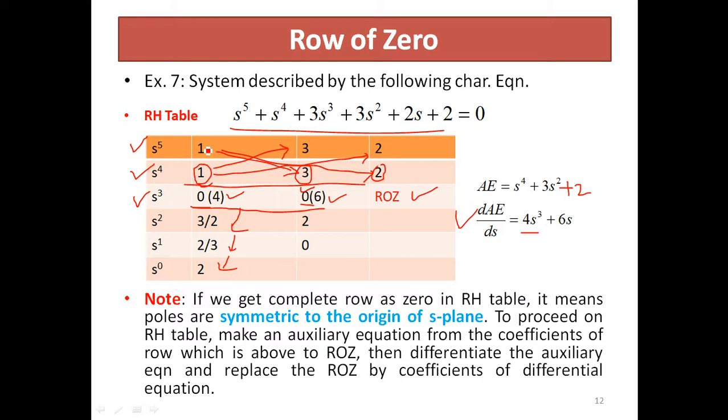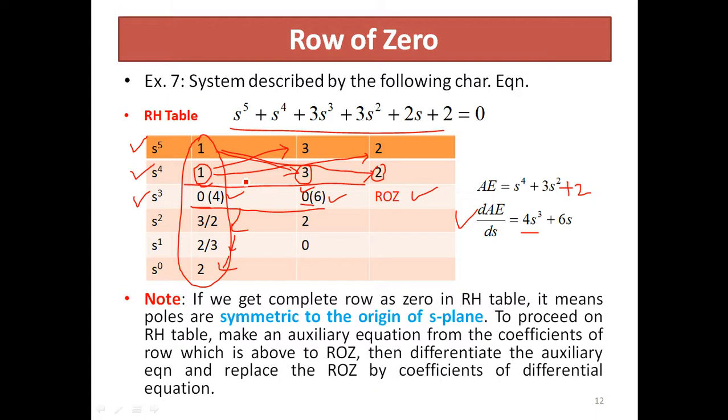What you are observing is that all elements of this first column appear as positive. According to the Hurwitz criterion, if there is no sign change in the first column of the Routh array, then the system is stable.